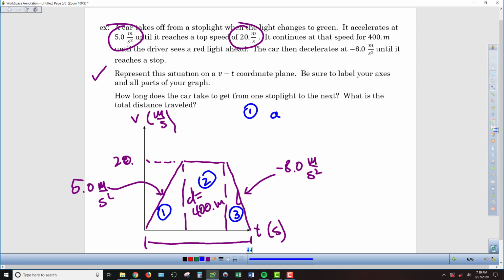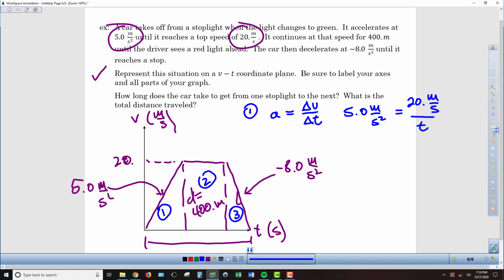So again, acceleration is change in velocity divided by the change in time. Unlike the previous question where I knew the velocity and the time and I was calculating the acceleration, this time we know the acceleration is 5 meters per second squared. We know what that final velocity is, so we've got 20 meters per second up here.